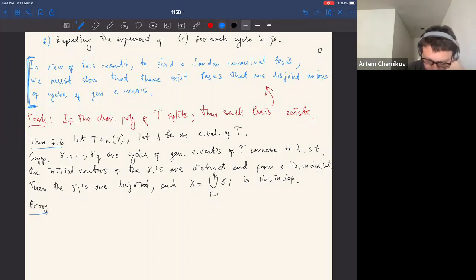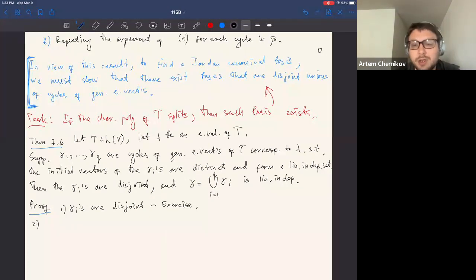Proof. So first of all, the fact that the gamma_i are disjoint we leave as an exercise. It appears in homework 9, which, remember, is optional, but I encourage you to actually try to figure this out. So I would just claim for now that these cycles are disjoint.